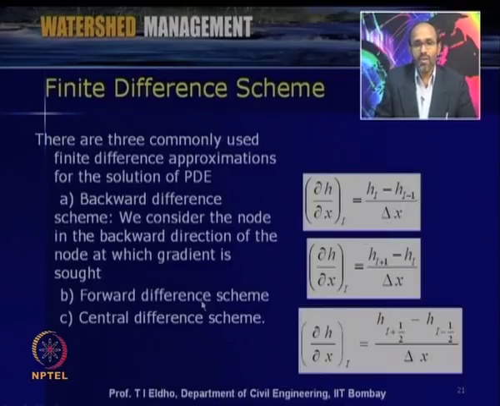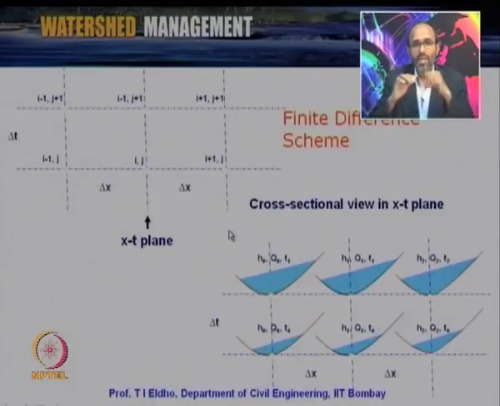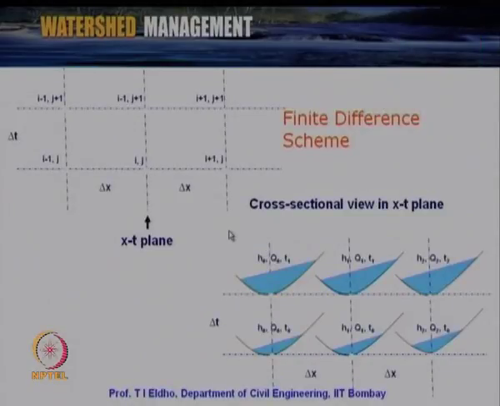Similarly, we can have the forward difference scheme, where we consider the forward direction of the node at which the gradient is sought. So, h i plus 1 minus h i by delta x. And then we can have the central difference scheme, where we consider h i plus half minus h i minus half divided by delta x. So, one of these schemes we can utilize as far as finite difference modeling is concerned.